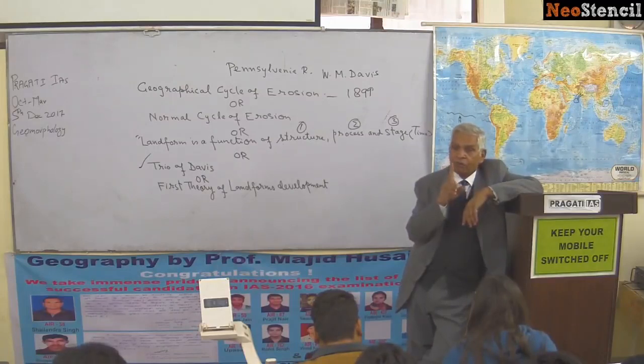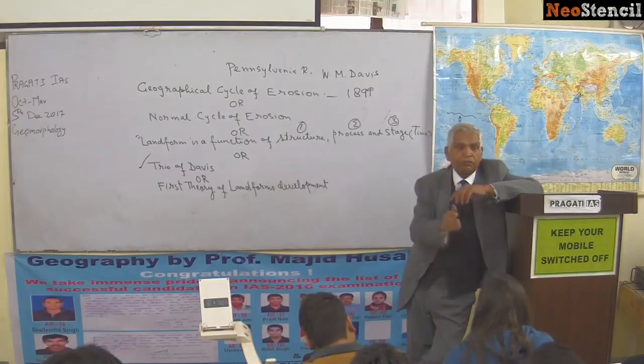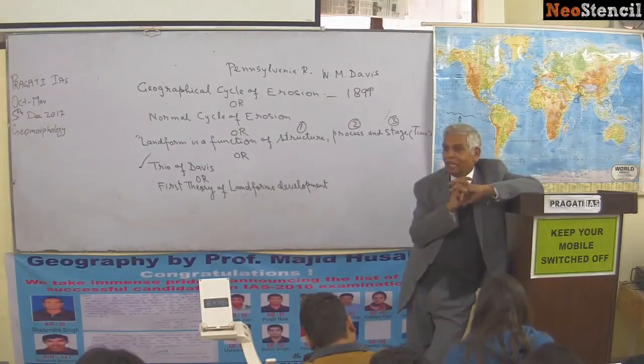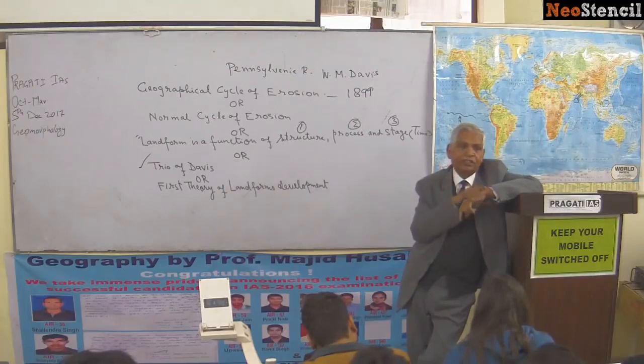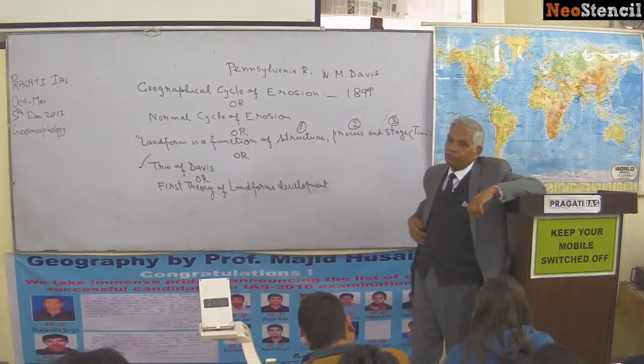The landform's shape depends on the endogenetic forces plus the exogenetic forces, known as the destructive forces. They destroy, they try to reduce. Which one is stronger? Whether it is endogenetic force or exogenetic, or both are at par to each other. This is the second idea. The shape of landforms depends on the endogenetic and exogenetic processes.